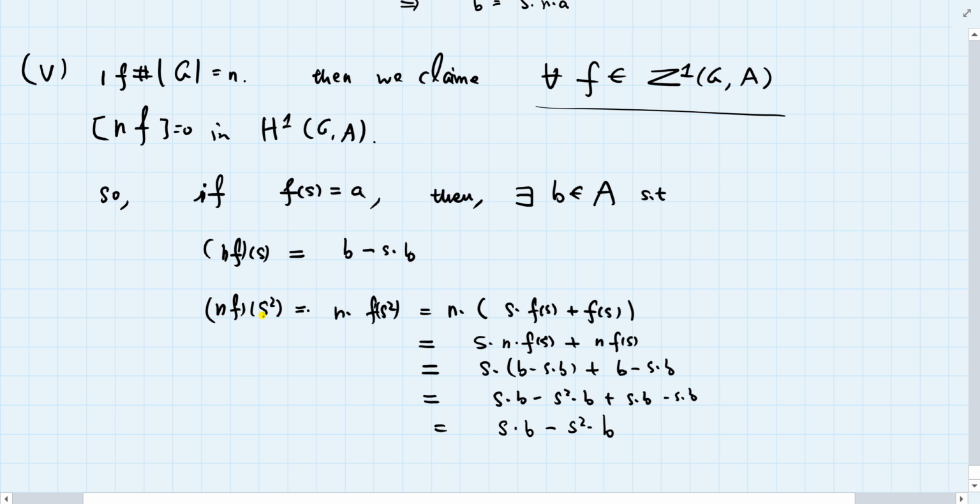We want to use induction to say this holds for any element. Then you use induction.